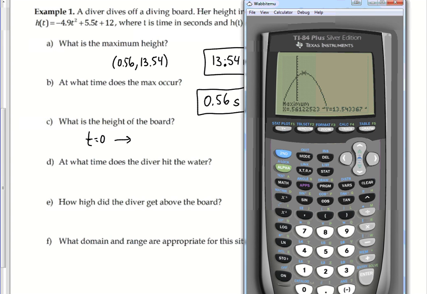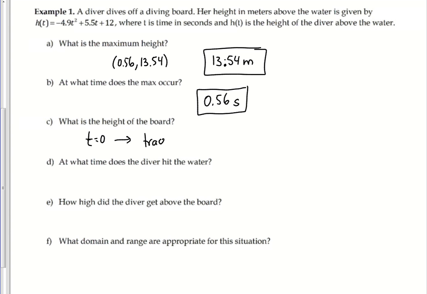The y-intercept? Yeah. So how do we get that? Trace 0, enter. Okay, trace 0, enter. 12. 12 what? Meters.